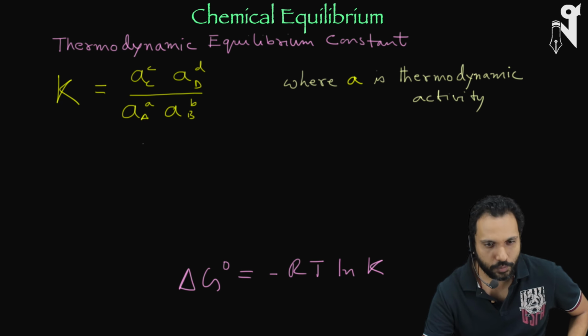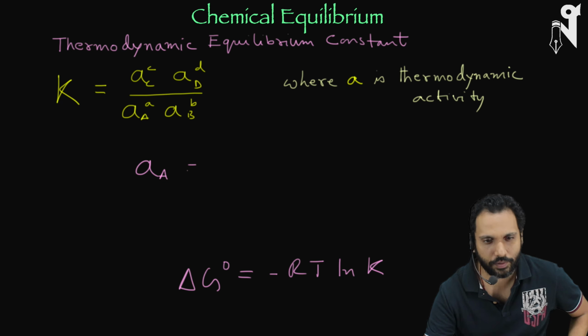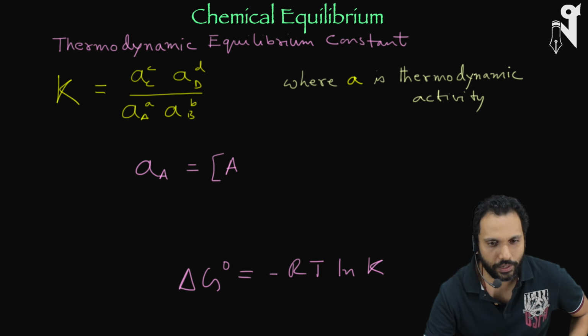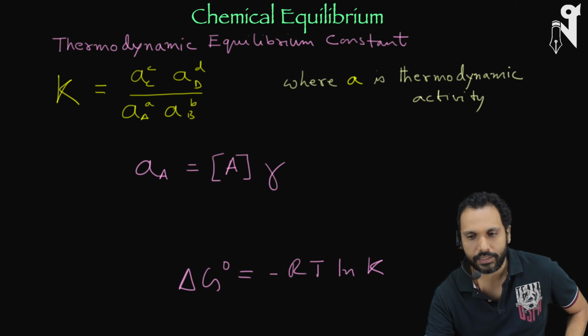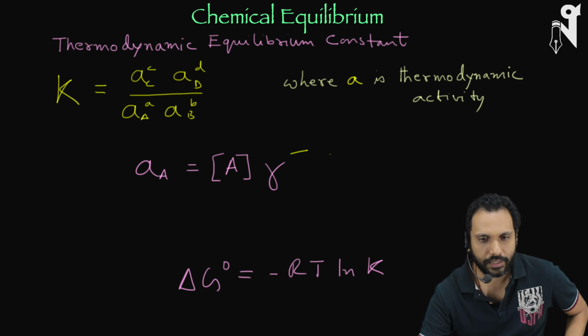The point is, the activity of, say, compound A is not straight away the concentration of A. It is the concentration of A multiplied by a factor, the activity coefficient.